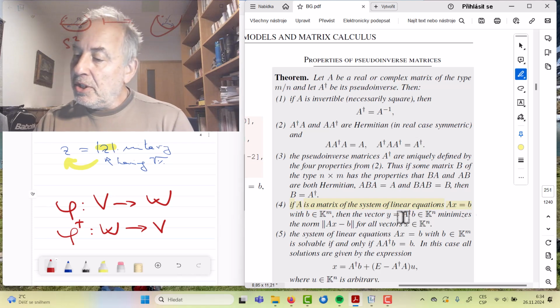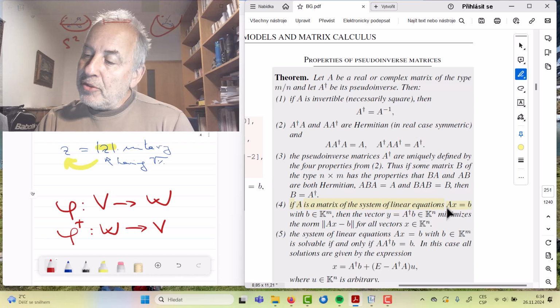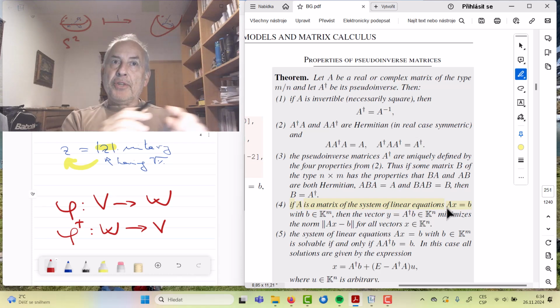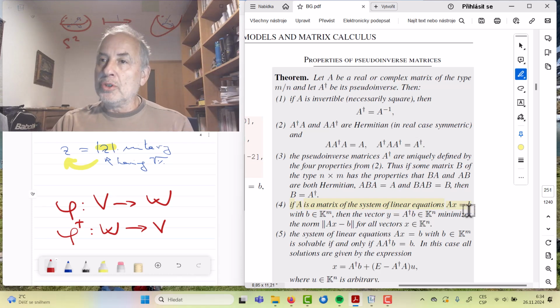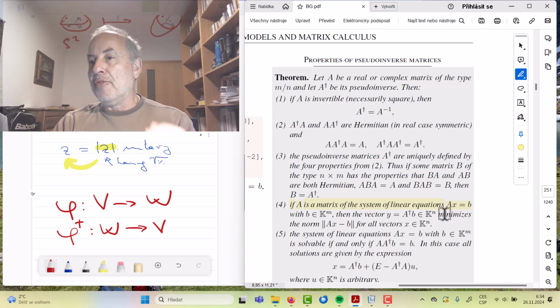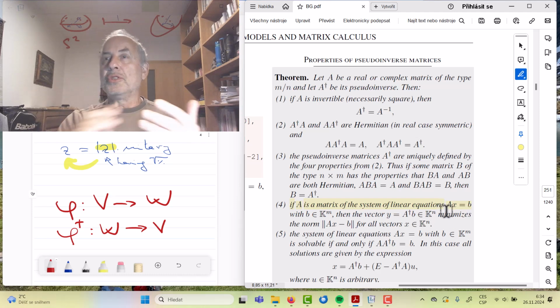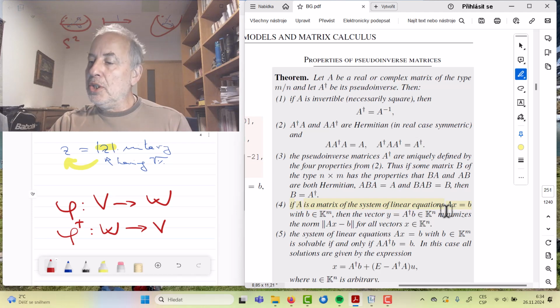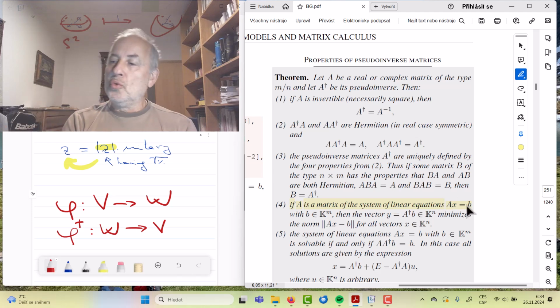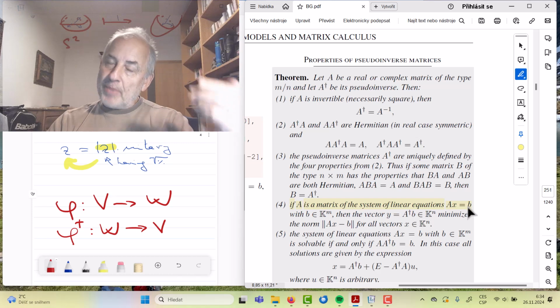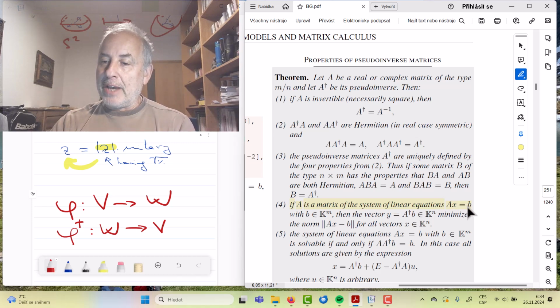But if A was a square matrix, and if it was invertible, then of course it's a bijective mapping, and for each B there would be just one solution, A inverse applied to B, right? It's like with the scalar.